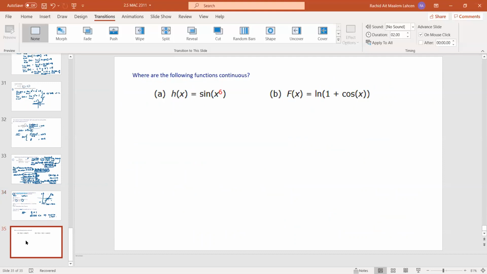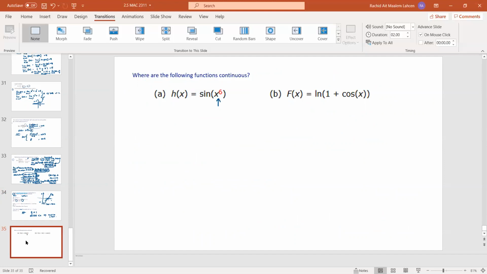All right, we'll close with this example, where we go back to continuity with operations, but this is not an operation like addition, subtraction, multiplication, or division.